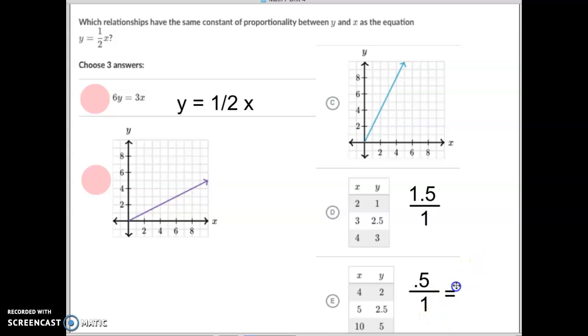Let's put a little equal sign. If I multiply the top by 2 and the bottom by 2 so I can get rid of that decimal, 0.5 times 2 is 1. So that worked out nicely. And what is 1 times 2? 1 times 2 is 2. So it's 1 over 2. Does this one equal 1/2 now? Yes, it does. So letter E works as well.